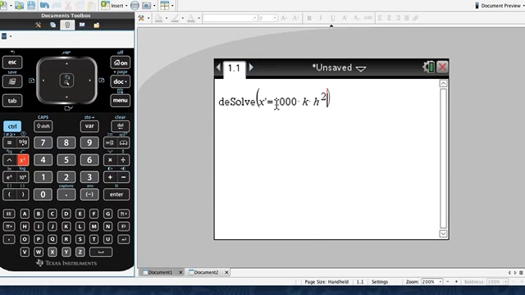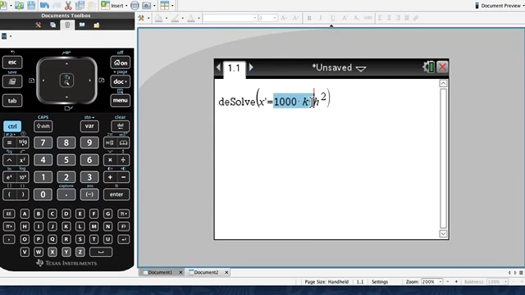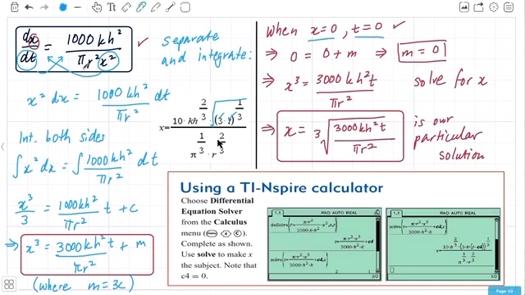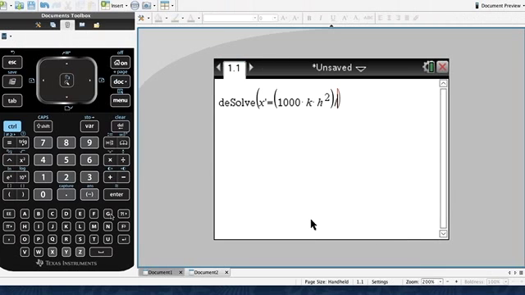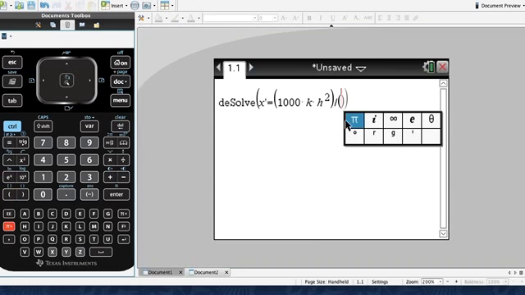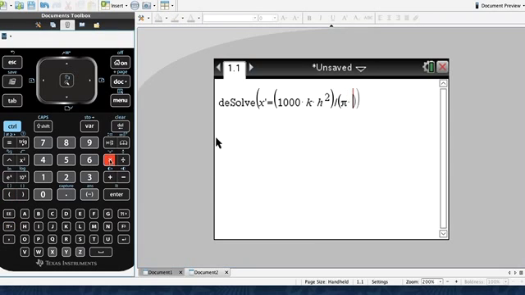I'll put all of that in brackets just to make sure that it doesn't get confused. Then we're going to divide all of that by pi r squared x squared, so brackets, pi from the pi menu, times r squared times x squared.